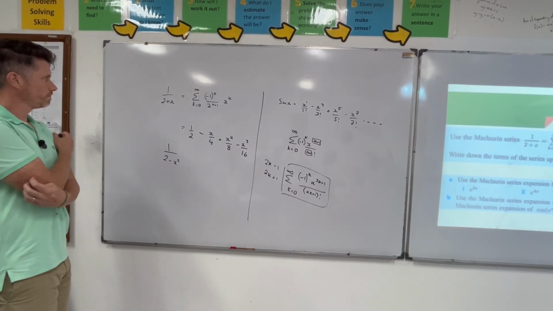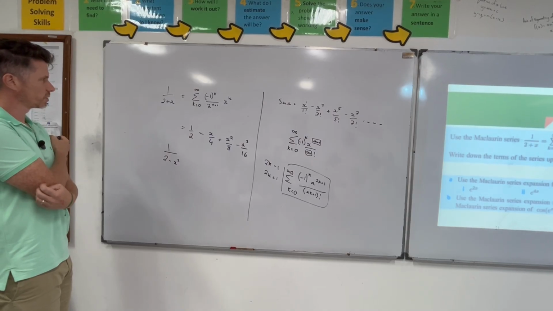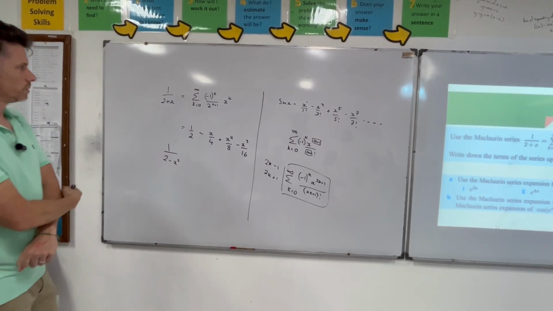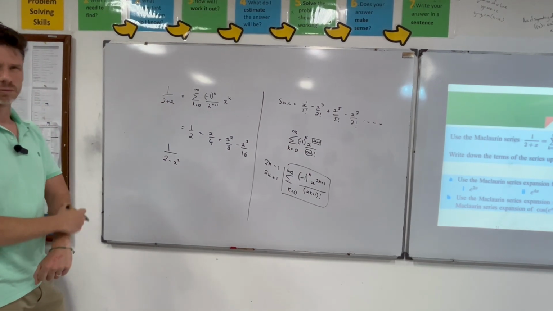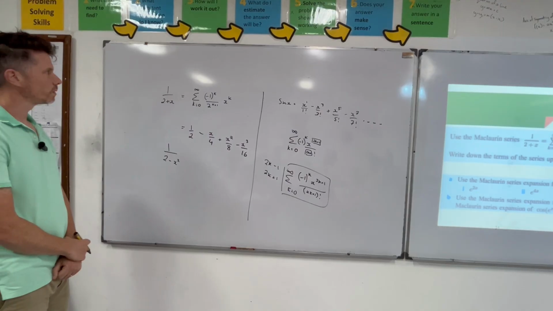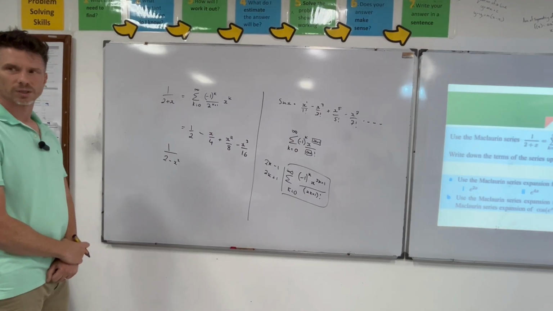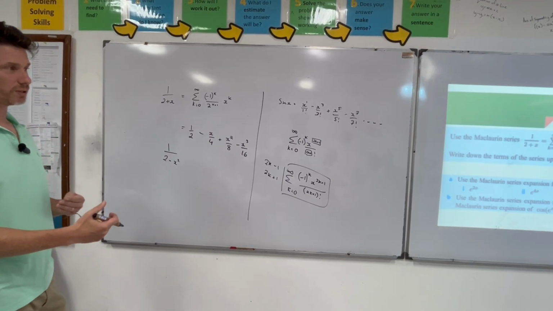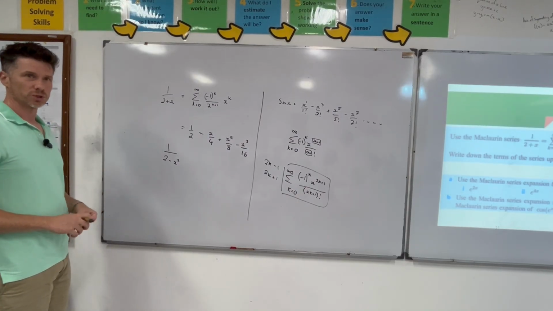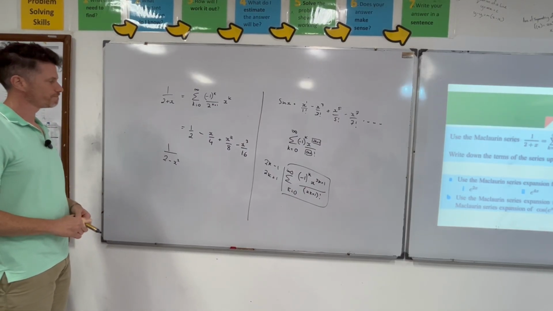If I sub in x squared instead of x, will I get the right answer? No, I don't think so. You can sub in, you just have to sub in the right thing to change the x.